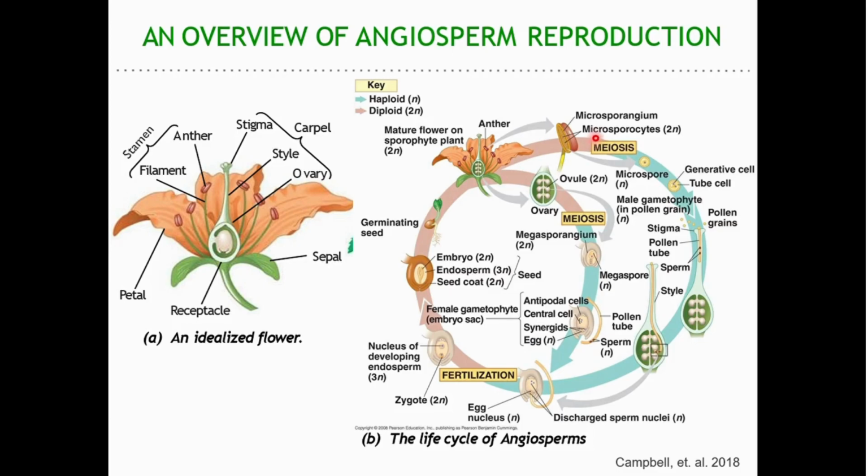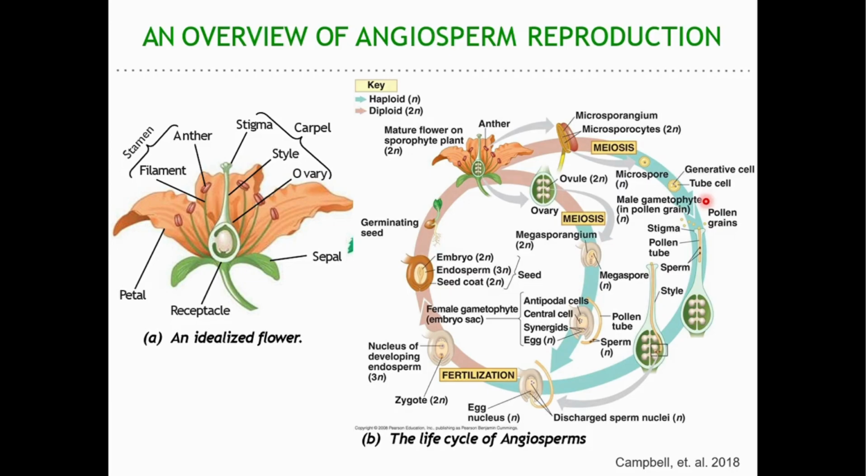And then in the anther, microsporocytes, which are diploid, in the microsporangium, will undergo meiosis, producing a microspore, which consists of generative cell and also tube cell. So this is the male gametophyte in the pollen grain.